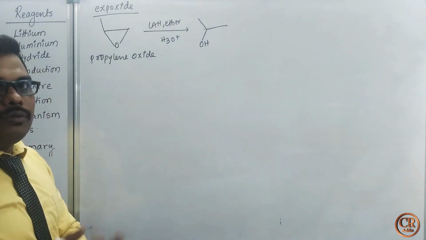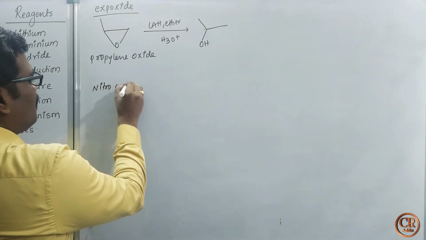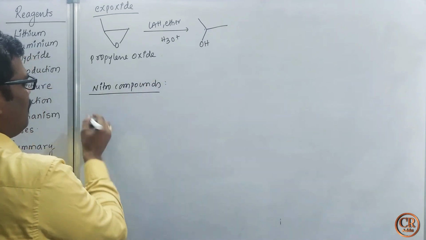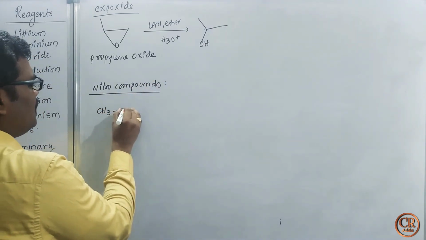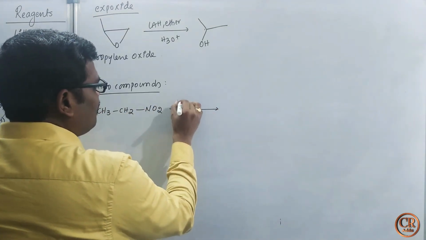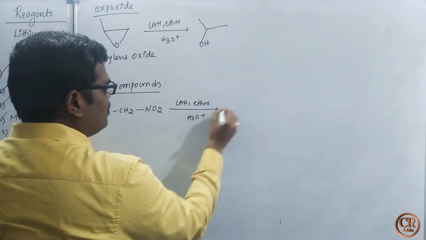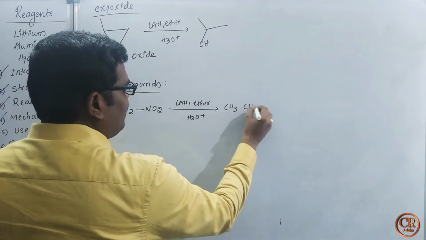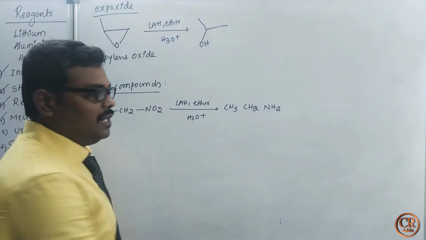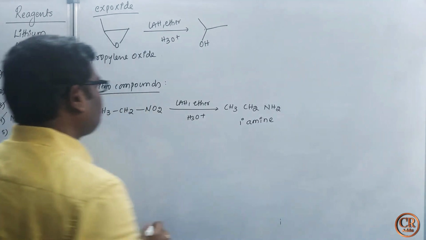Now we move to next compound, that is nitro compound. Nitro compounds are generally reduced to primary amines. Let us take one example. CH3CH2NO2. When it reacts with lithium aluminum hydride in ether followed by acid hydrolysis gives CH3CH2NH2. Here one hydrogen of ammonia is replaced by alkyl group, that's why it is called primary amine.